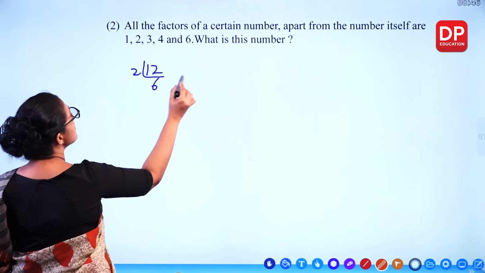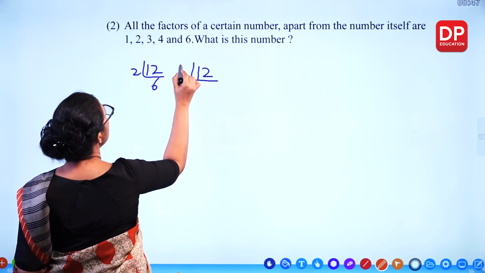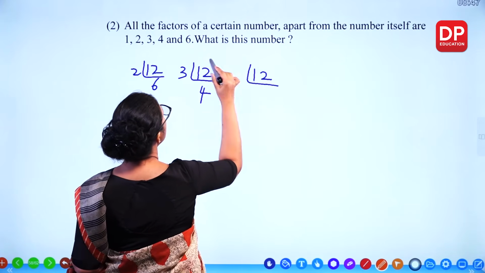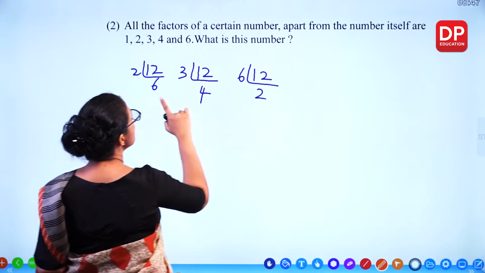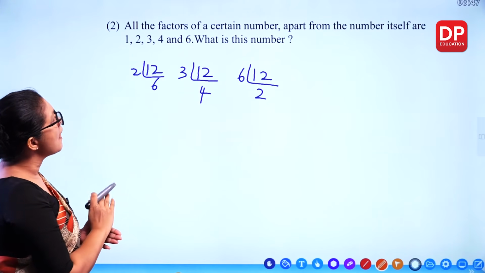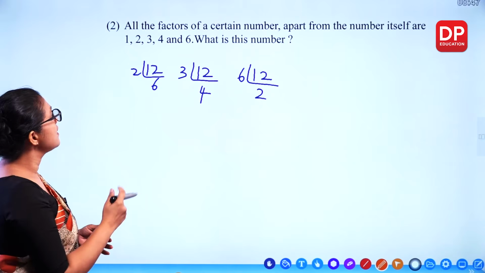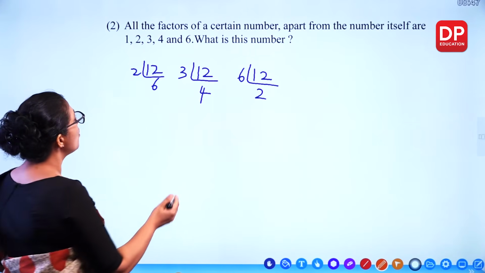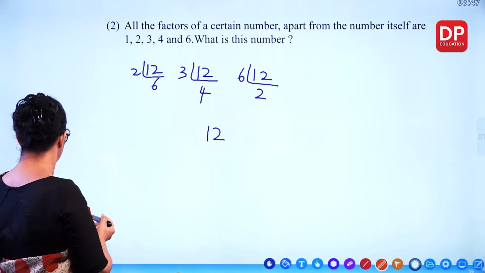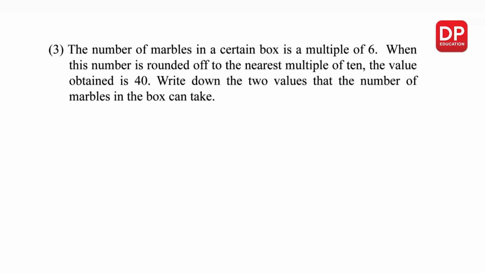You get 6. 12 is divisible by 3. You get 4. 12 is divisible by 6. That's 2. 6 times 2, 3 times 4. Apart from the number itself, that means 1 and 12. So, what is this number? You get 12.